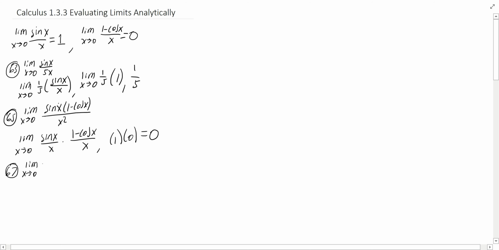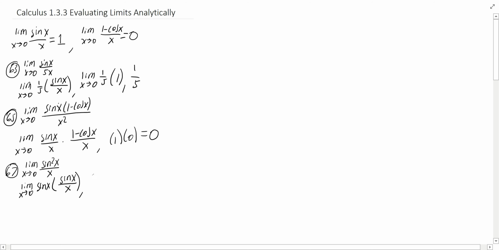Now in 67, we're being asked to find the limit as x goes to 0 of sine squared of x all over x. Our first step is to say that this is really the limit as x goes to 0 of sine of x times sine of x all over x. All we've done is separate the sine squared into sine x times sine x over x. From here it's pretty straightforward, because now we're back to our basic identity.